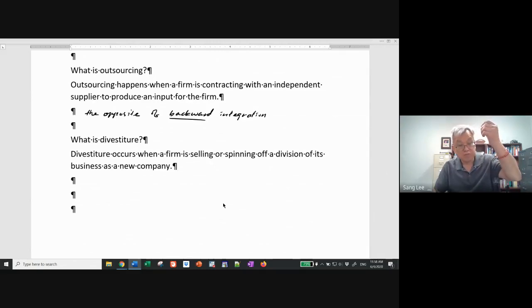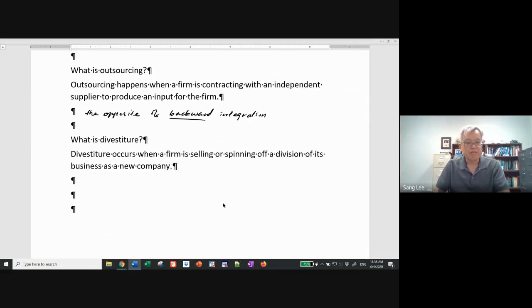So if you produce an input, an intermediate good, internally, then it is backward integration. But instead, if you buy an input or part from an independent supplier, then it is called outsourcing. So that's why outsourcing is the opposite of backward integration.